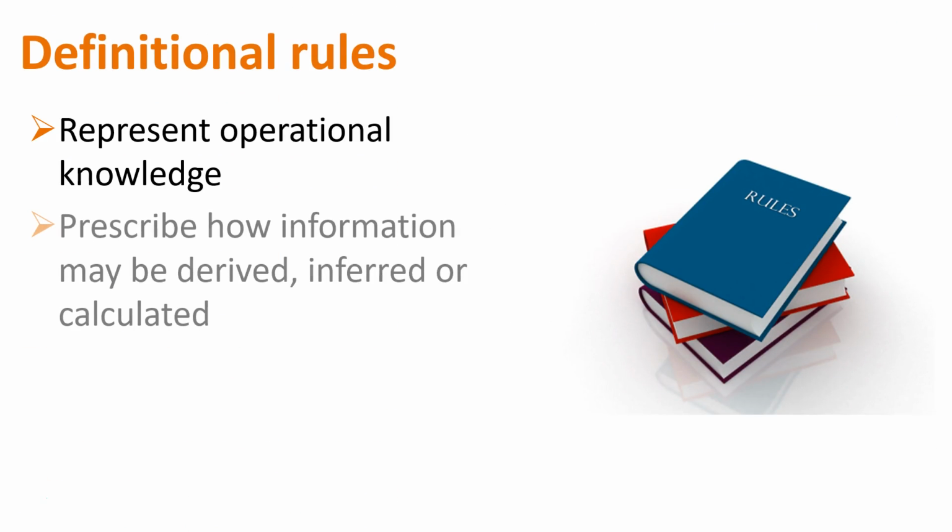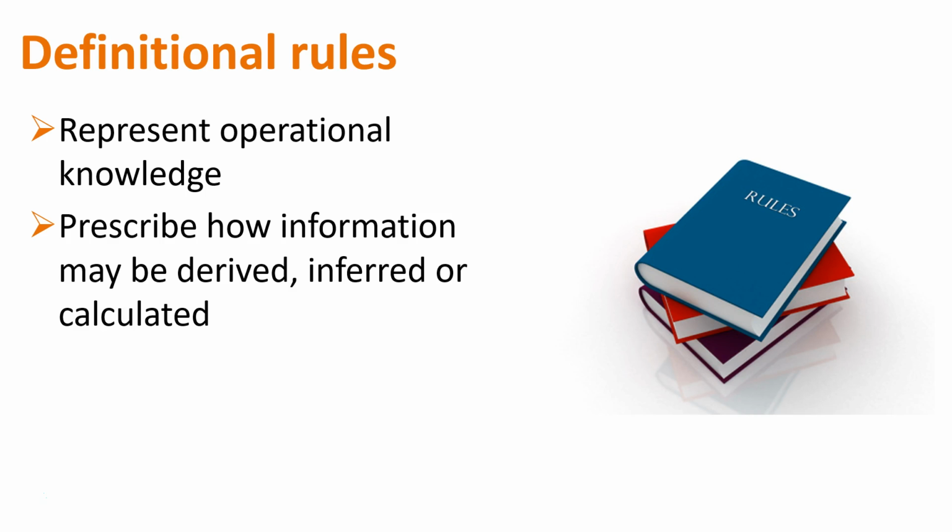We have definitional rules. These talk about operational knowledge, and they usually say how information can be derived, inferred, or calculated. So for example, some of your definitional rules would be the way you come about, so what is the policy premium given a specific set of rules.